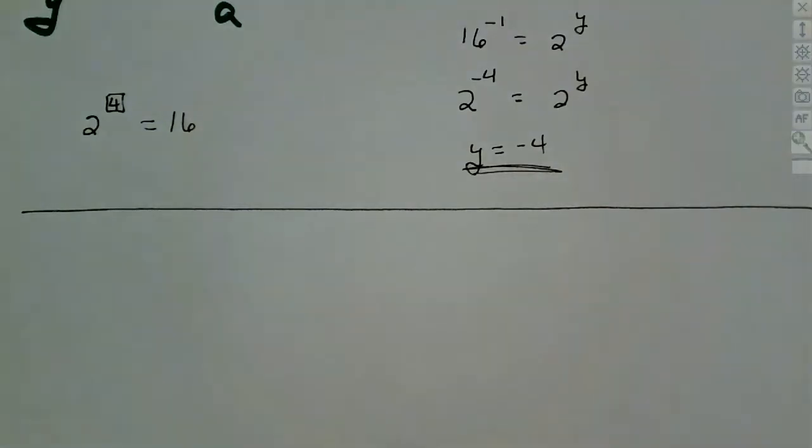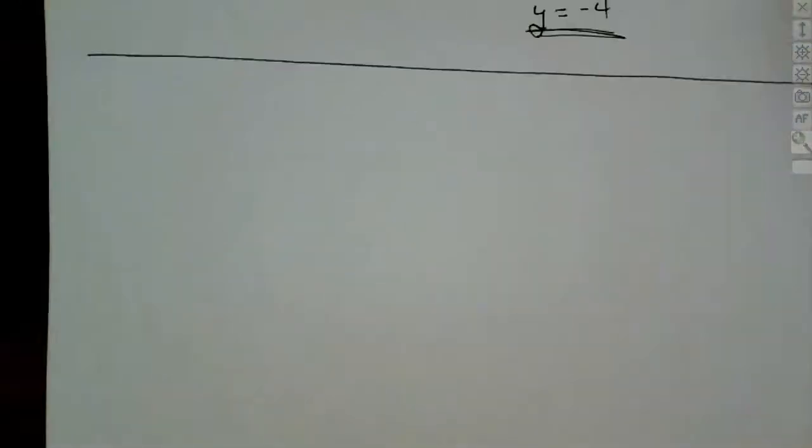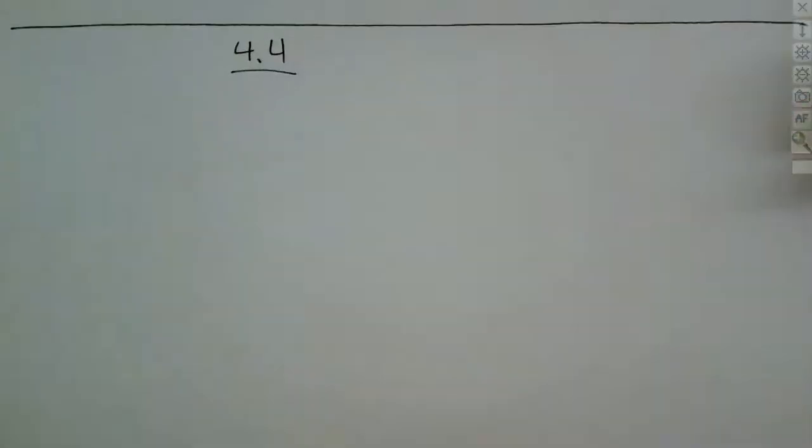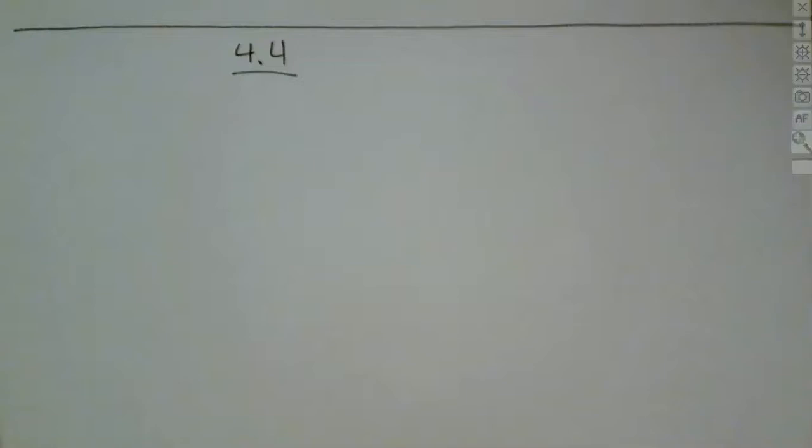So we're going to talk now about logarithms. And we're going to talk about the common logarithms. And then we're going to learn how to use the change of base theorem. And this is 4.4. Now this is all calculator based. And we're going to talk about the two common bases.